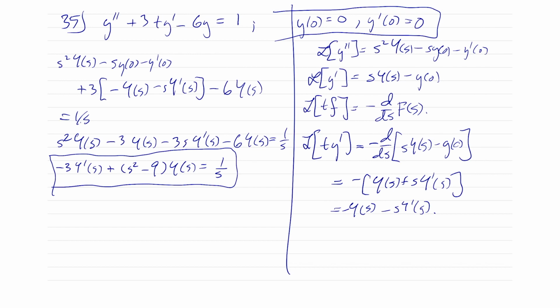And we have another condition that we talked about last time: if we have a function of exponential order, then we expect the limit of Y of s as s goes to infinity to be 0. So this is actually an assumption we're throwing in here. We don't know ahead of time that the solution y of t is going to be of exponential order, but we're really hoping it is.